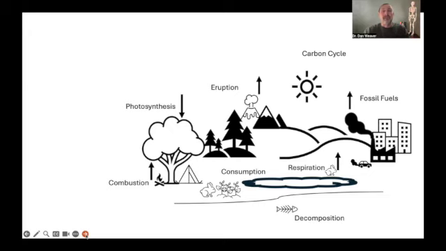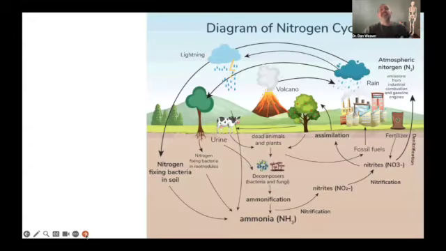And it might become something like a lump of coal, which then we burn and release back into the atmosphere, or a volcano erupts and releases carbon into the atmosphere, or we light a little fire for our campfire, and that releases the carbon that was stored in the plant back into the atmosphere. And then from the atmosphere, it's going to be captured by plants through photosynthesis and then recycled through the ecosystem. Nitrogen works in a very similar way.